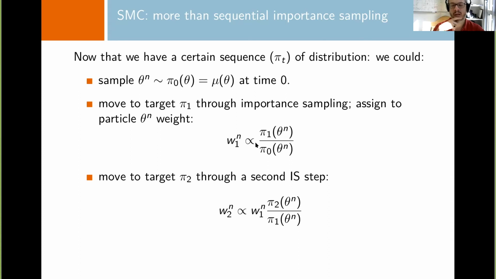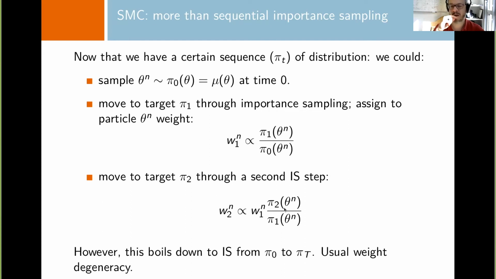Okay? And then naively, you could say, oh, to move to pi 2, I'm just going to reweight according to pi 2 over pi 1. And of course, the problem with that is that this ratio cancels, and in the end, it will be equivalent to importance sampling from pi naught to pi t. So you're not going to escape the curse of dimensionality of importance sampling.